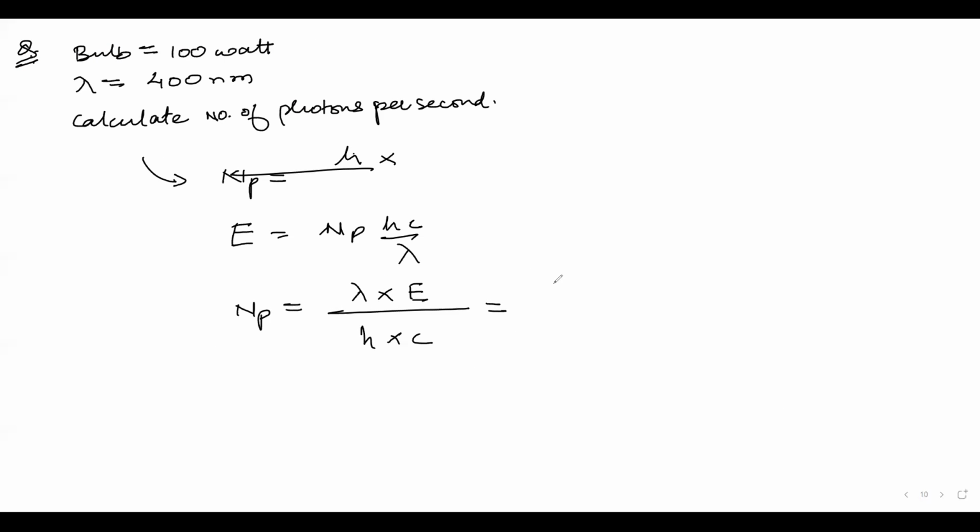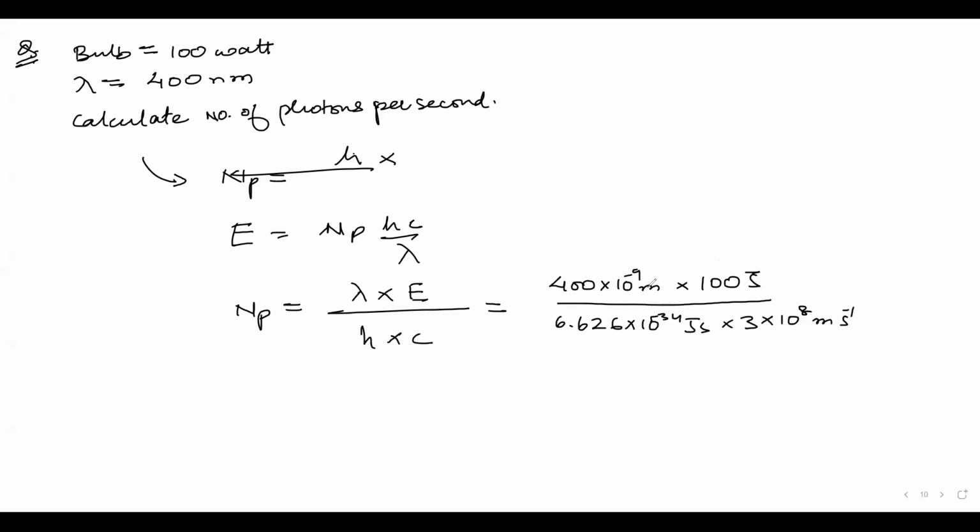So lambda is 400 into 10 to the power minus 9 meters, and the energy is 100 joules per second, so this is 100 joules, divided by H, which is 6.626 into 10 to the power minus 34 joule second, into 3 into 10 to the power 8 meter second inverse.